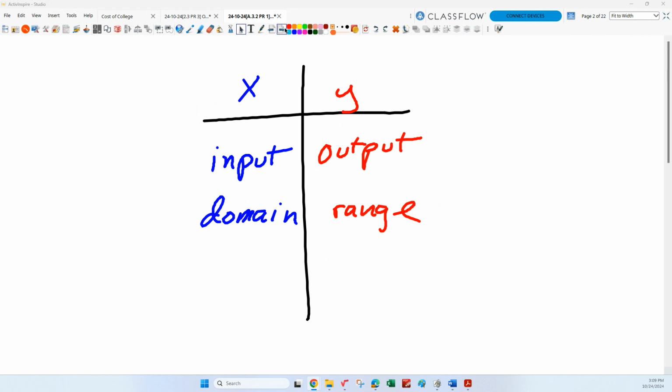Inputs and outputs are sort of opposites in a way, but they go together, same idea. Domain and range go together. Notice that all the stuff that corresponds to inputs comes alphabetically before the corresponding things that correspond to outputs. X goes before Y alphabetically, I goes before O, D goes before R. So you can always keep all that stuff straight that way. Okay?